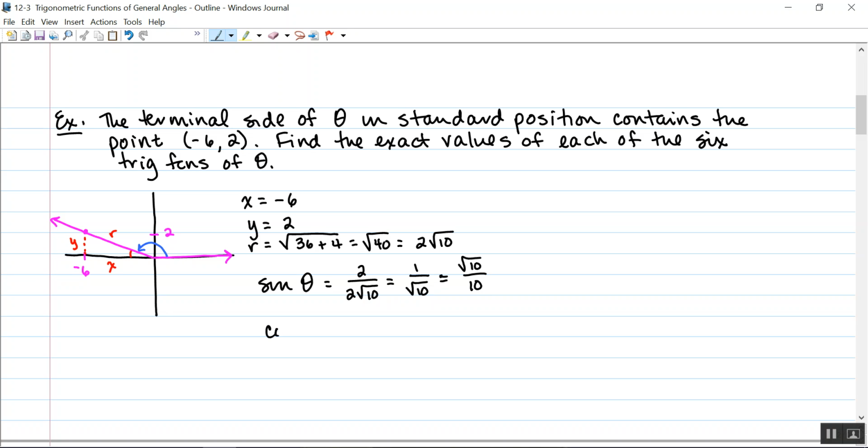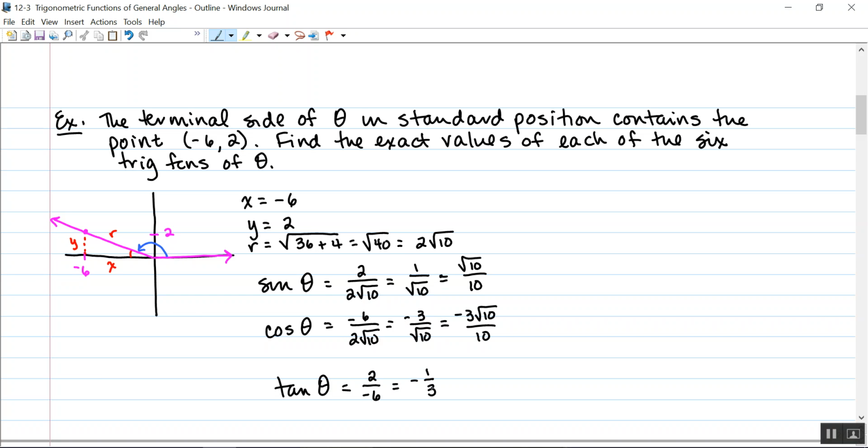Cosine of theta is x over r, or -6 over 2 square root of 10, which gives me -3 over square root of 10, and rationalizing my denominator, -3 square root of 10 over 10. Tangent of theta is y over x, or 2 over -6, or -1/3.